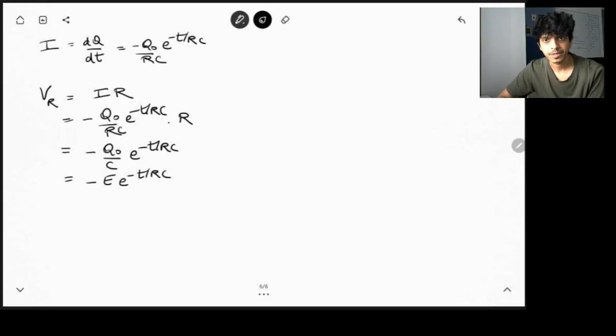Again, negative means that the potential is in the opposite way. Earlier, the direction in which the potential difference was positive, now it's the opposite way. What was at a higher potential has gone to a lower potential.